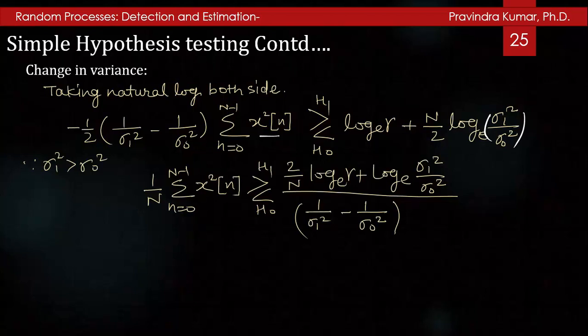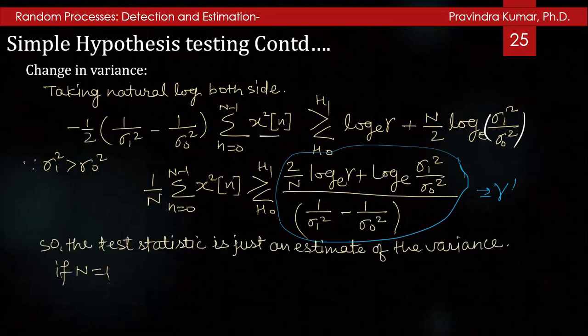It is given, so I can write this expression as 1 by N summation n 0 to N minus 1 x square[n], greater than or less than (2 by N log e gamma plus log e sigma 1 square by sigma naught square) divided by (1 by sigma naught square minus 1 by sigma 1 square). And this is the new threshold gamma dash.